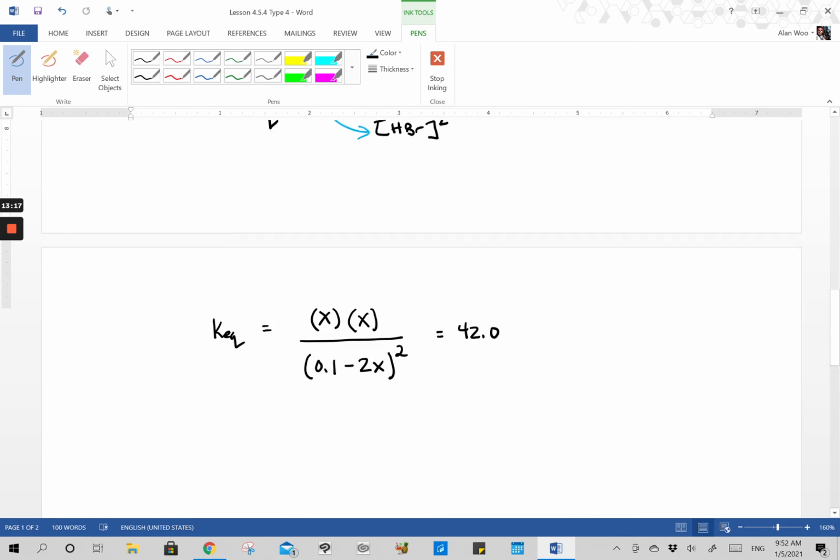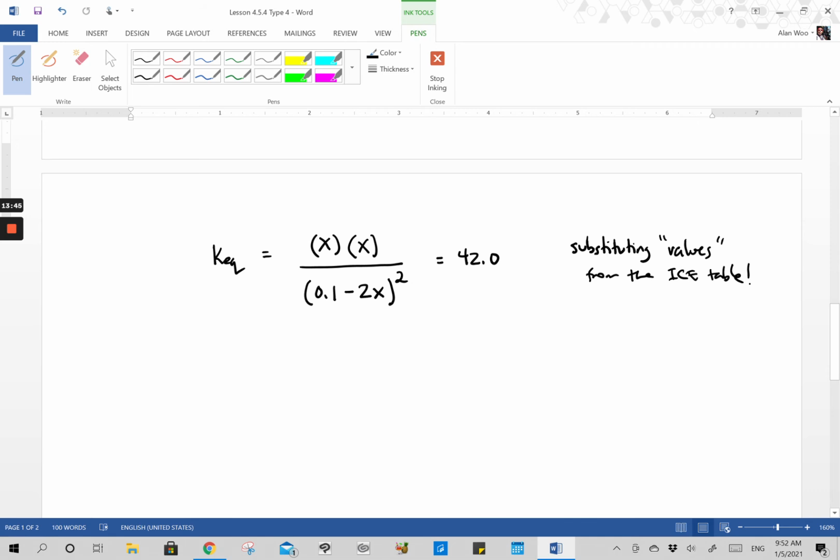So this is substituting values from the ICE table. Now you want to solve for x.